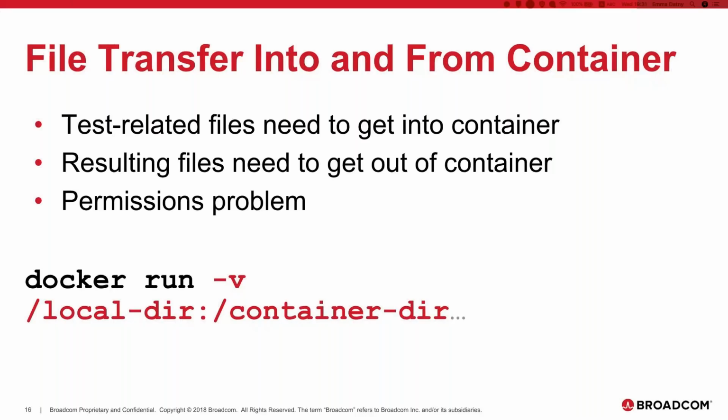Taurus produces good artifacts which you can use to troubleshoot, to review what has happened, or to store the results of your tests. So you need to organize this file transfer from and into the container.